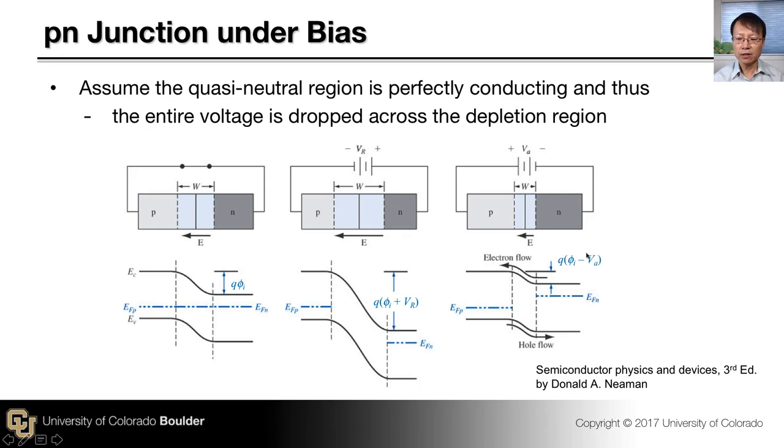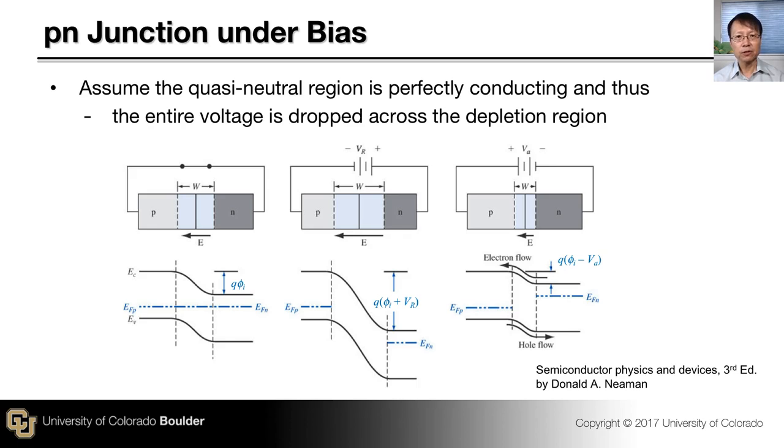On the other hand, under forward bias, you reduce the built-in electric field, and in terms of energy, you are lowering the energy barrier, and now diffusion prevails.